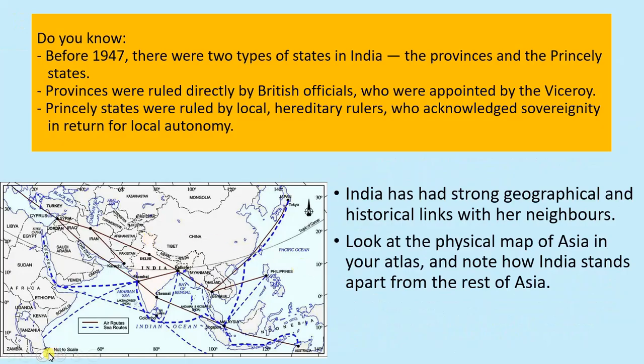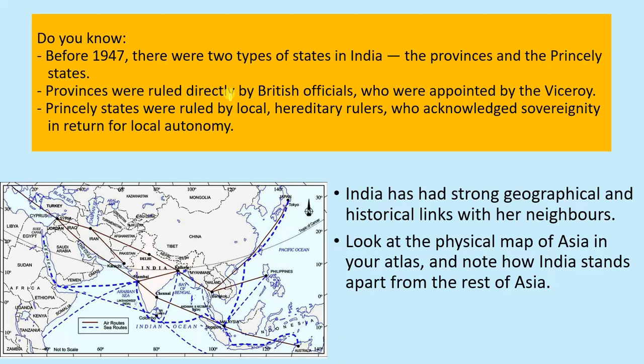So do you know, students, before 1947 there were two types of states in India, the provinces and the princely states. The provinces were the states under the control of the British government, and the princely states were ruled by the kings or princes of that time.